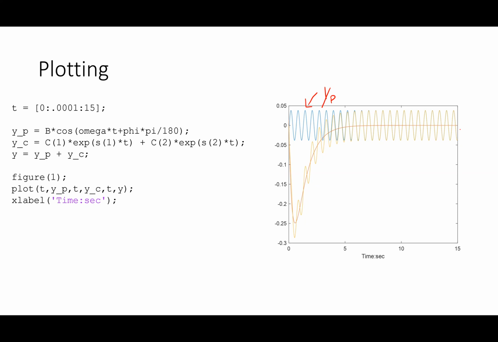By the time I get to steady state, the particular response and the total response look exactly the same. After the initial transient, they look exactly the same. Total solution and particular solution better become exactly the same. If they don't, you did something wrong.